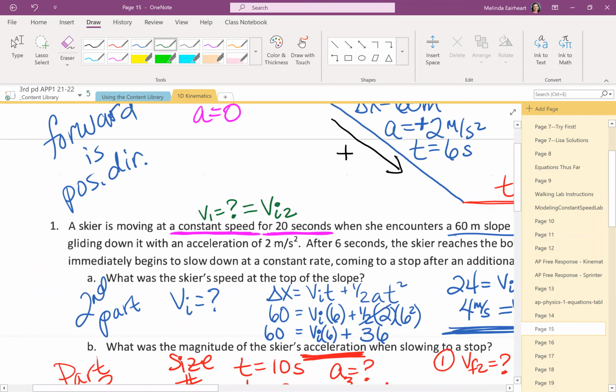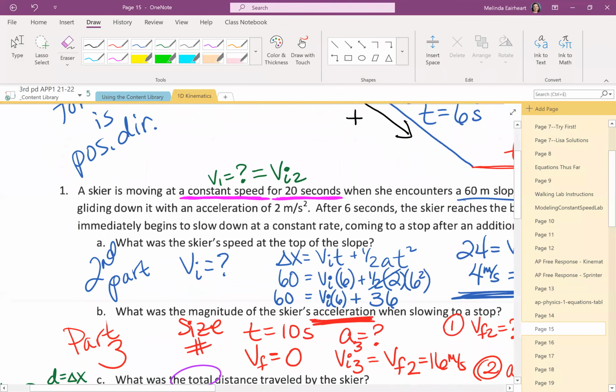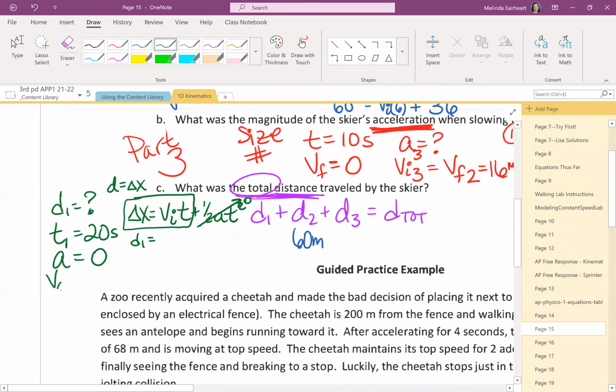And so we found that earlier to be 4 meters per second. So now I'm going to use that 4 meters per second as my constant speed in part 1. And notice I didn't put initial or final, I just said constant. It is initial, it is final, it is average, it's constant, right? 4, 4, 4, 4, 4, until they hit the hill.